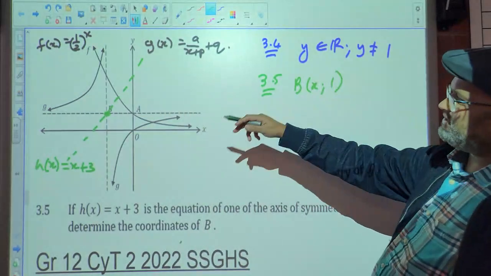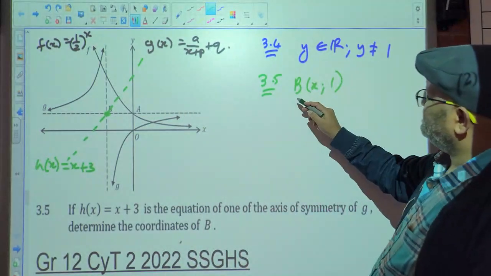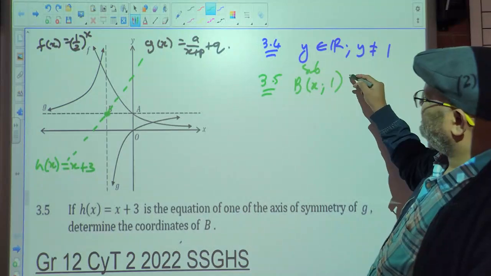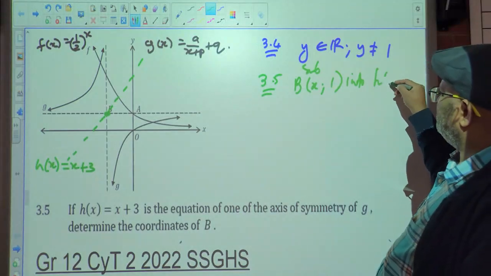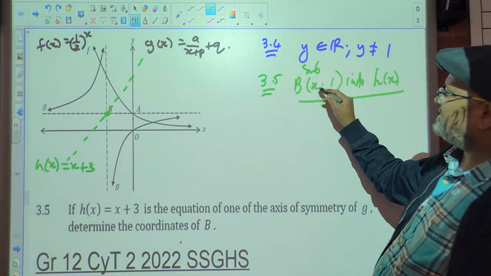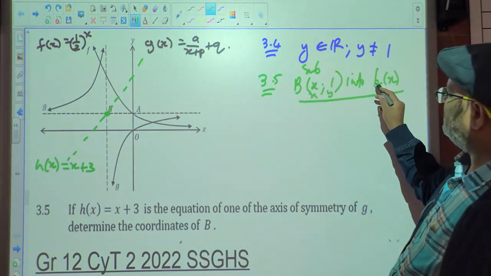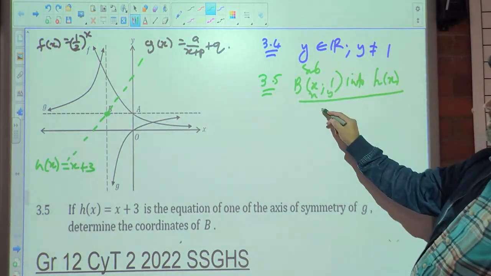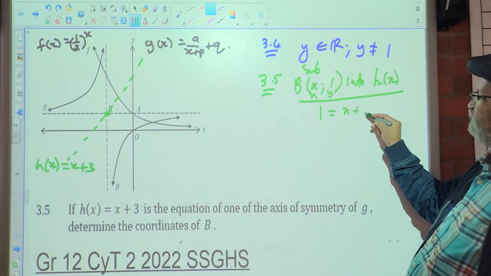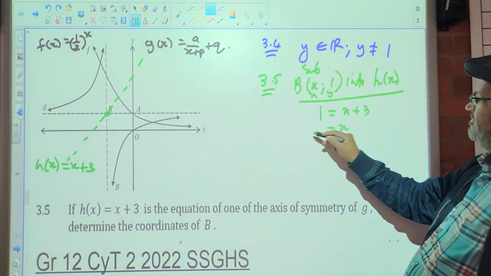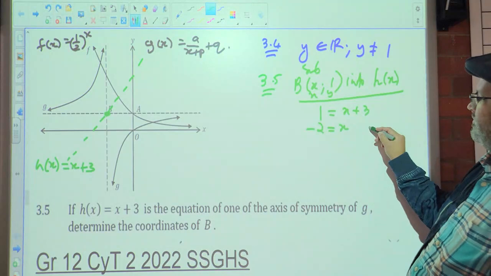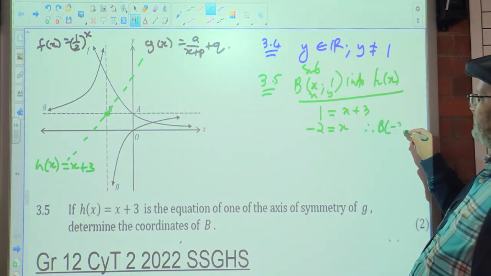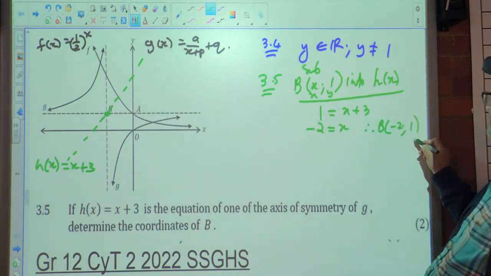So you'll substitute that into h of x. So you'll sub B into h of x, remembering that's an x and a y. h of x is a y. So 1 is equal to x plus 3. You get over, so x is equal to minus 2. So therefore B is negative 2 and 1.